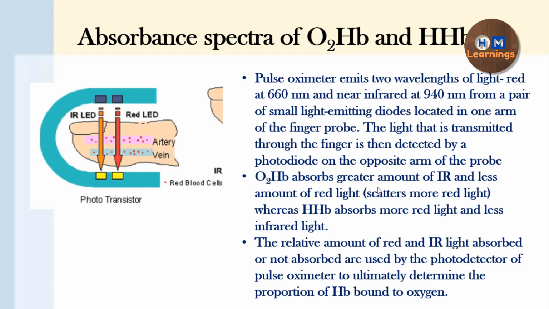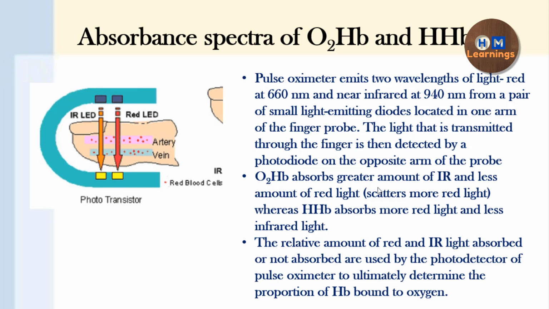Okay, in the last video on happy hypoxia, I discussed SpO2. What is SpO2? SpO2 is equal to oxyhemoglobin divided by oxyhemoglobin plus deoxyhemoglobin. So it is the percentage of oxyhemoglobin in the total hemoglobin.